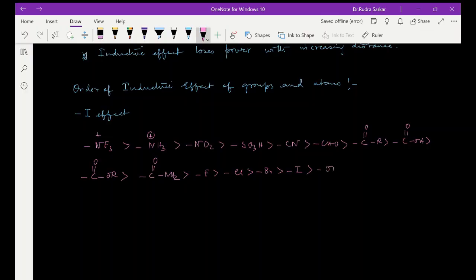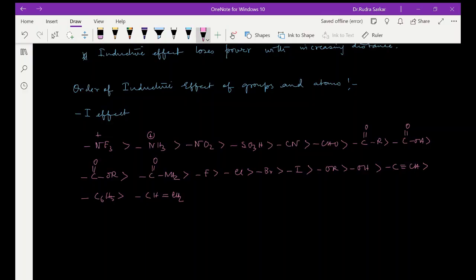Then we have the OR followed by OH. Then we have the acetylenic bond followed by the phenyl group, which is followed by the ethinyl group. Okay.